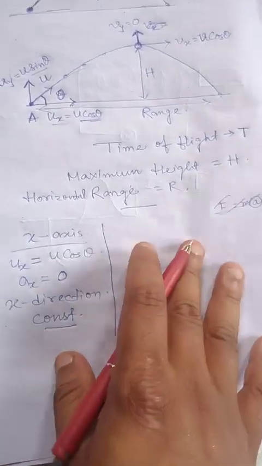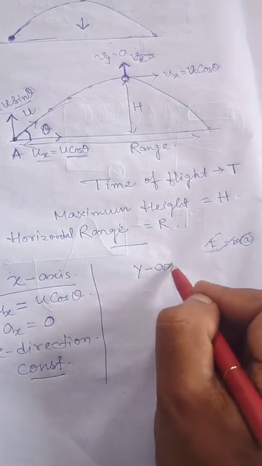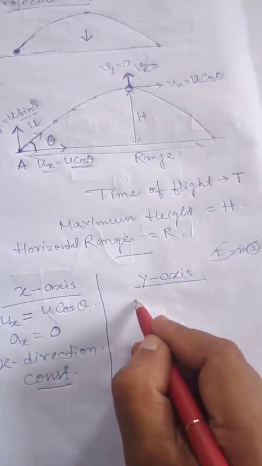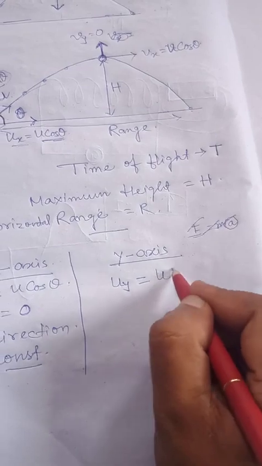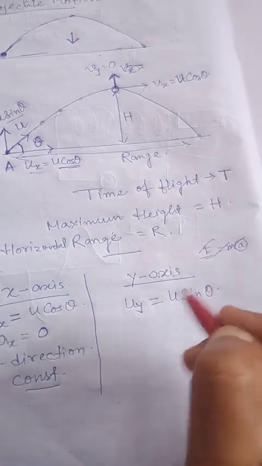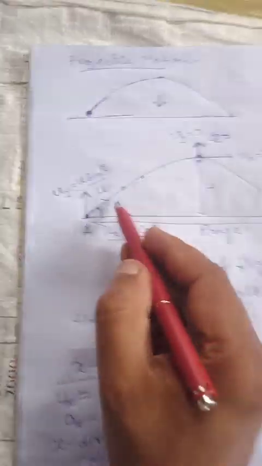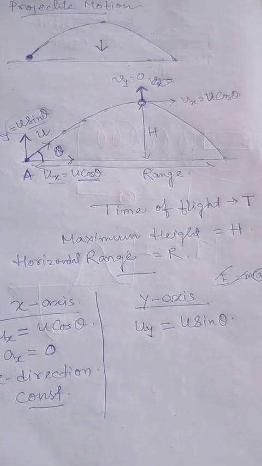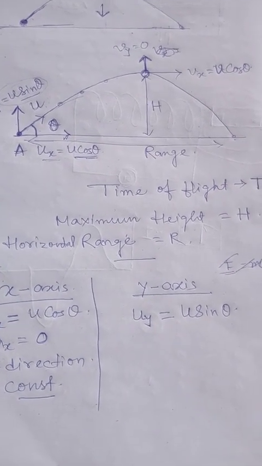Clear? Okay. And if we consider the y-axis motion, that means the upward motion, at first the velocity is uy equal to u sin theta, and there is a force on that body all the time in the downward direction, which is called gravitational force. As there is a gravitational force, there is also a gravitational acceleration, small g.